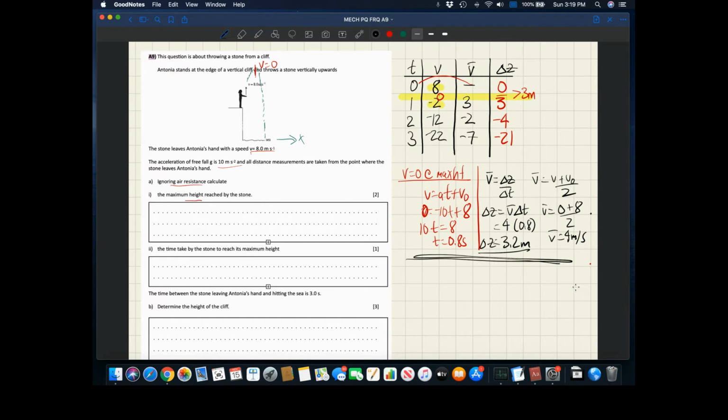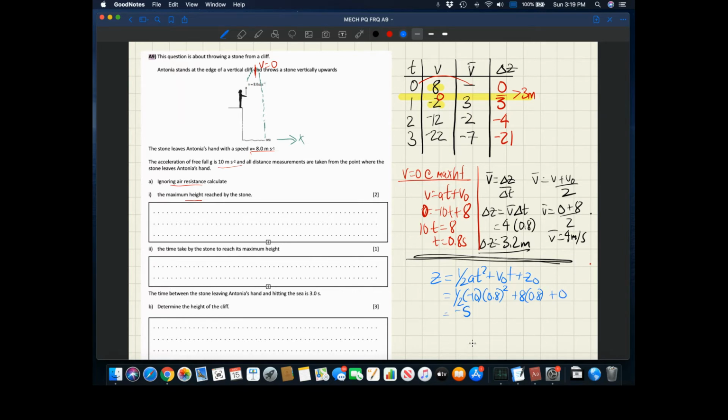Now, that's the one way we could do this. We could also do the second part of this after we have the time using our position formula. So we want to know when z is a max and the acceleration is -10. The time is 0.8 seconds. Initial velocity is 8. Time is 0.8, and initial position is 0.